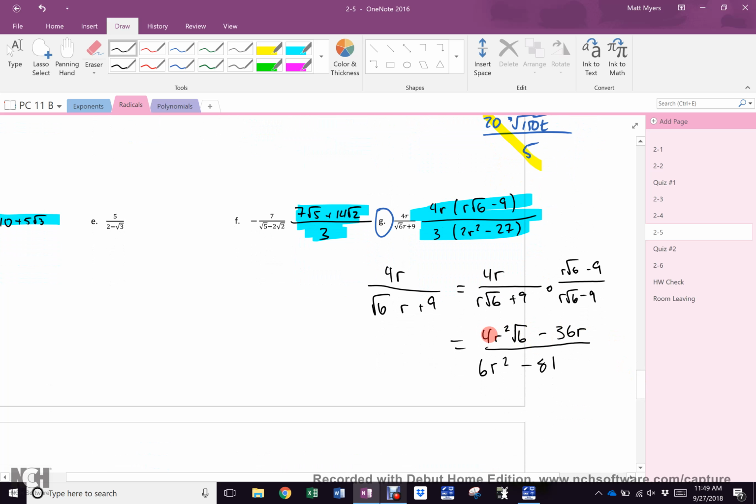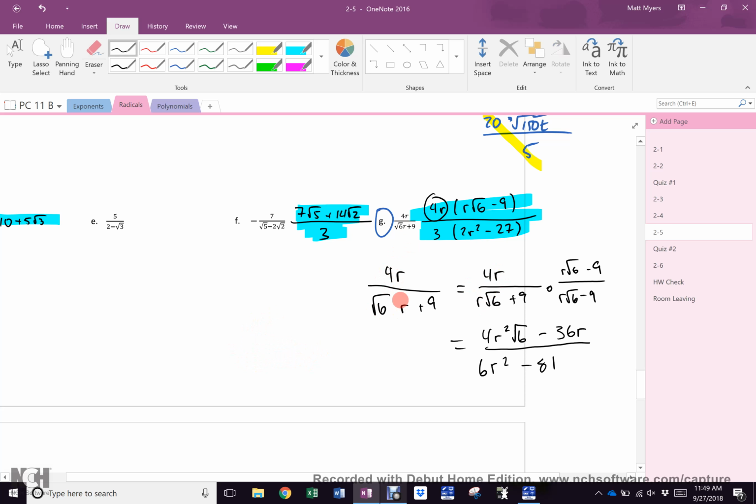I can take out a 4r here, there it is, times r, 4r squared, 36r, take out the 4r, it leaves you with a 9. Yes? Why didn't cancel the r? Which r? The first one. Right out here? Yeah. Because this is technically 4r over root 6r plus... I suppose you could have done that.